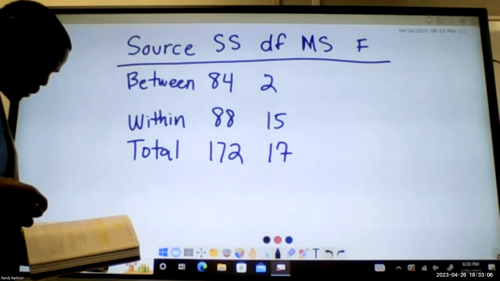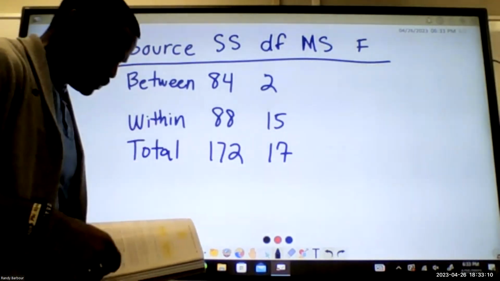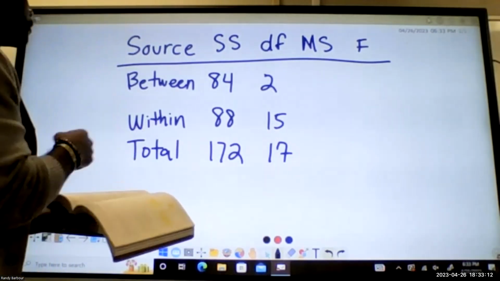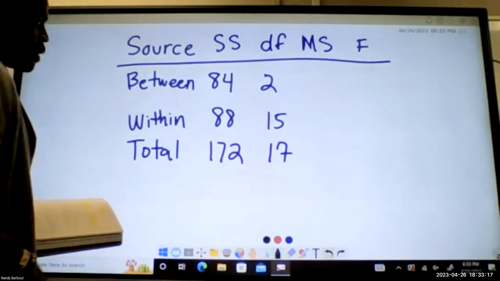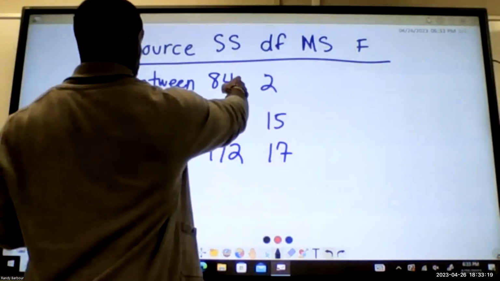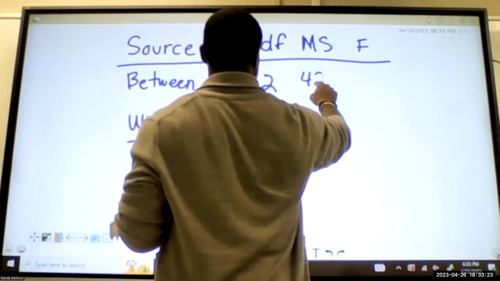The next thing that we have to calculate is our mean square. If you go back, look at those formulas. All I'm going to do now is calculate my mean square from my between and my mean square from my within. So we're going to divide 84 by 2, so it's going to be 42.